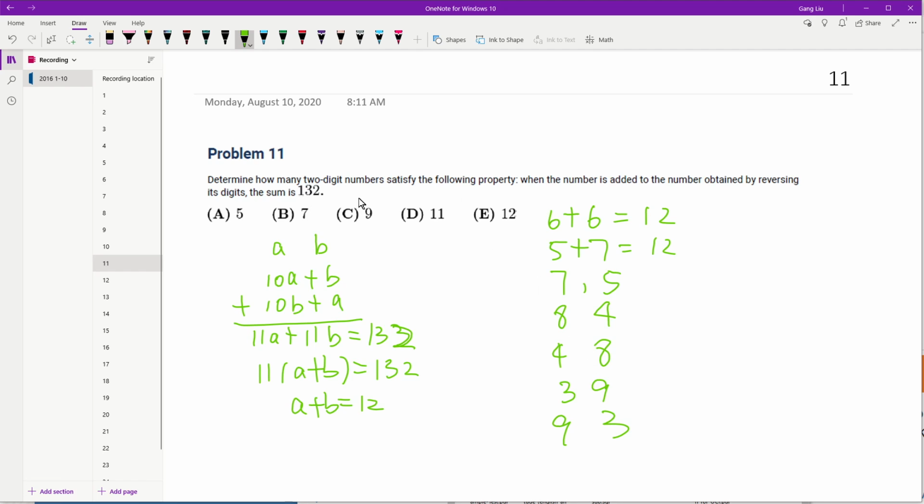So altogether we have 1, 2, 3, 4, 5, 6, 7 situations. Those are 66, 57, 75, 84, 48, 93, and 39. So 7 cases.